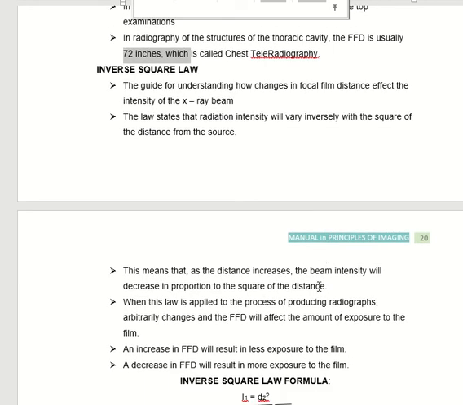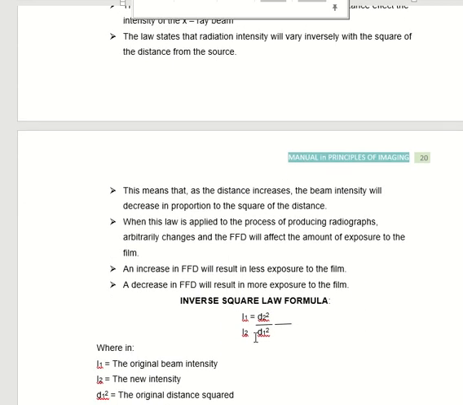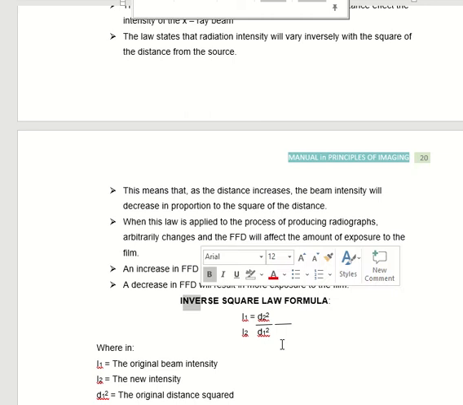Next is the inverse square law. Na-discuss na rin natin ito sa ating physics. This shows the relationship between the intensity and distance. There is an inverse relationship between the intensity and distance.